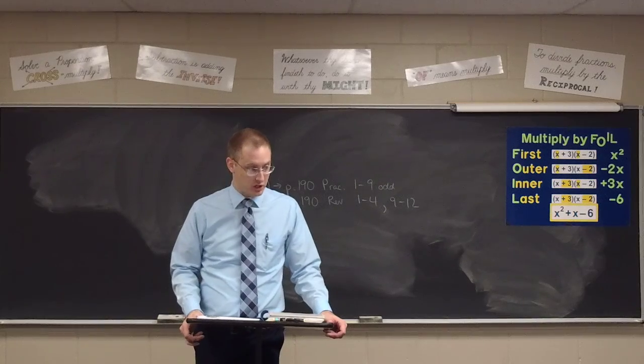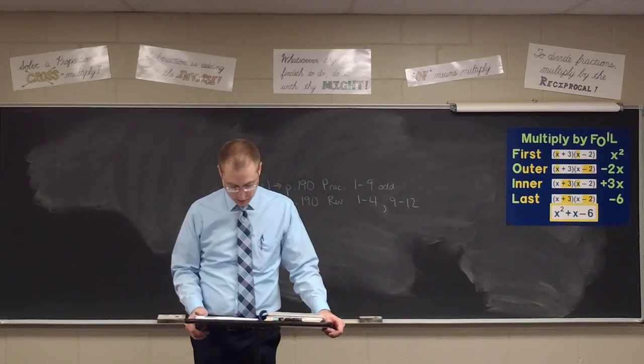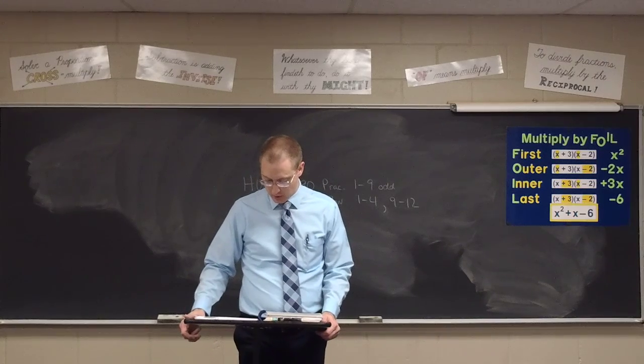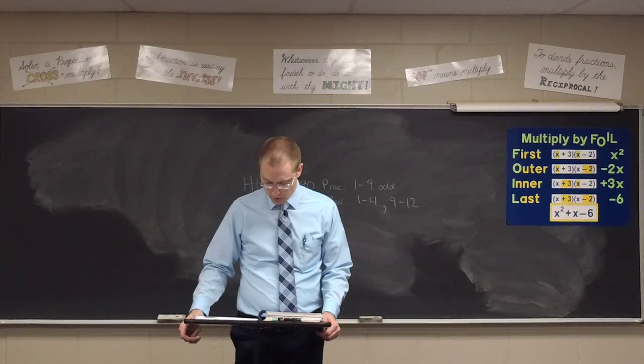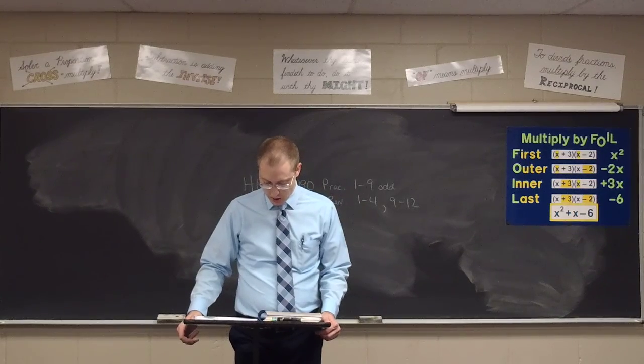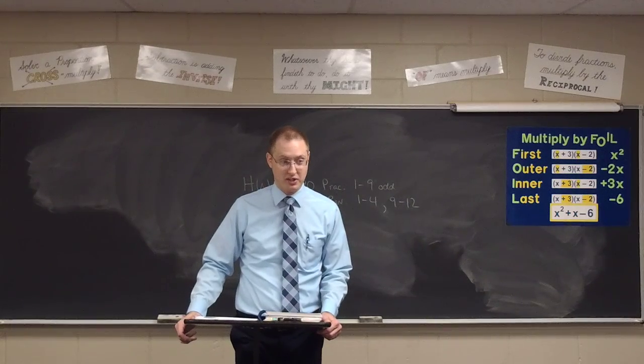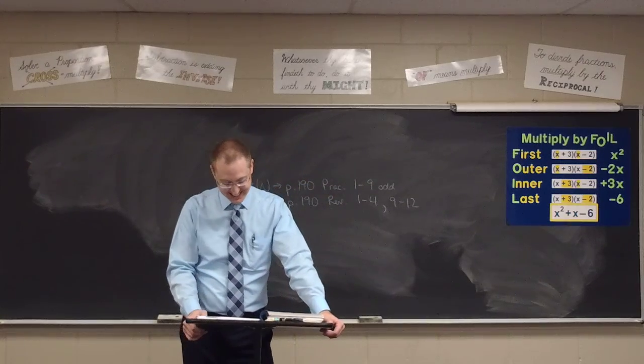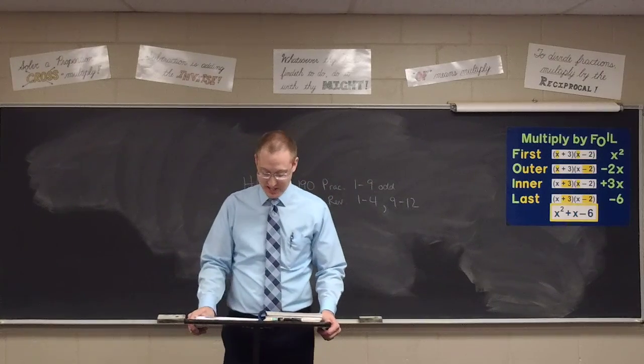Number 11, Noah, what did you get for your answer? 15x squared. Number 12, Gavin, what did you get? 12. A 7a times a negative 3a. You're doing the first, Gavin. They already did the last. Maddie? Negative 21a squared.